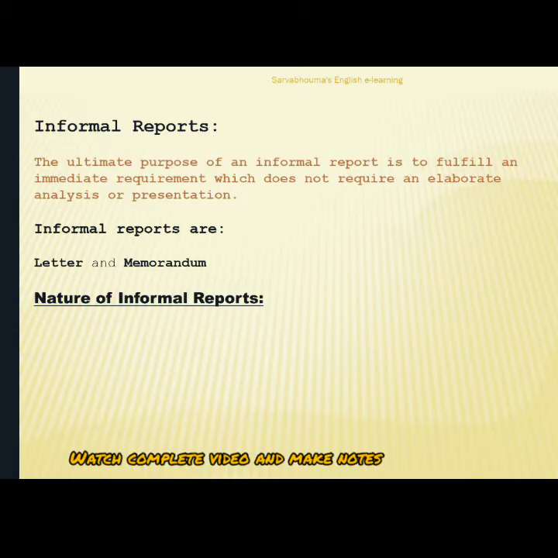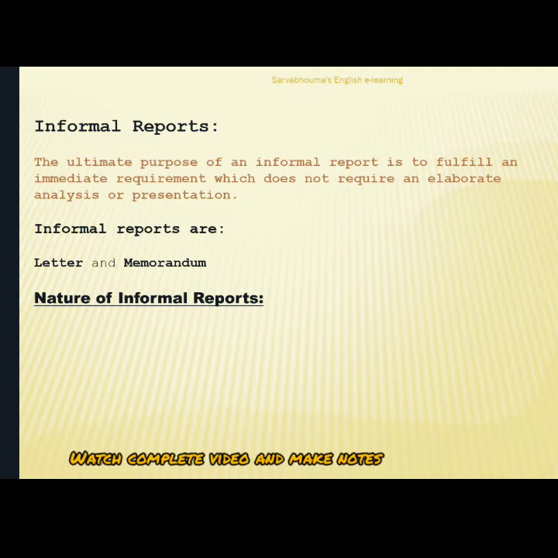A memo is also called an inter-office memorandum. Yes, it is a prescribed form which is used to send important information within an organization. It is used to convey information regarding routine or any other matters. For example, sending information from one department to another, or announcing a change in policy.